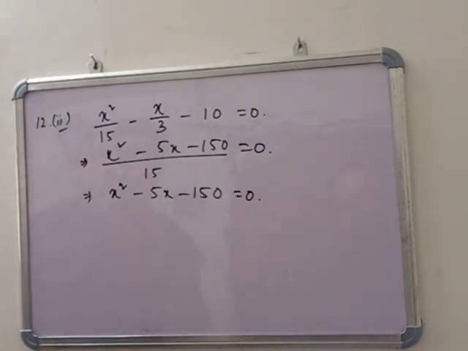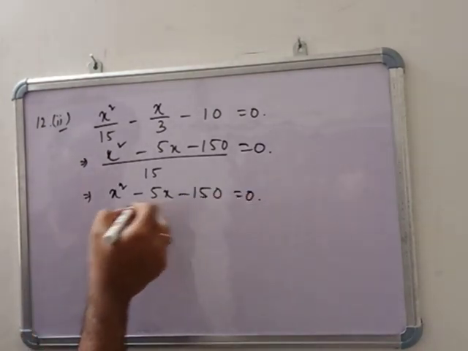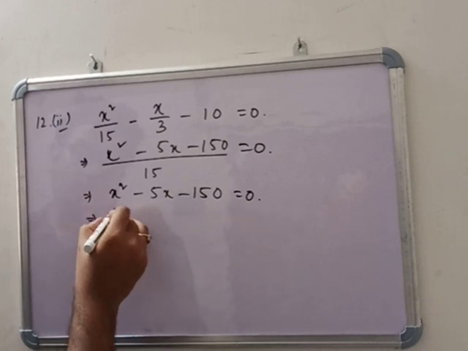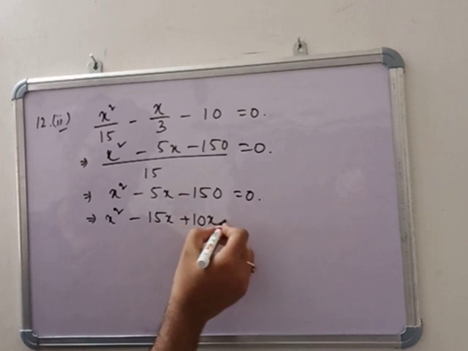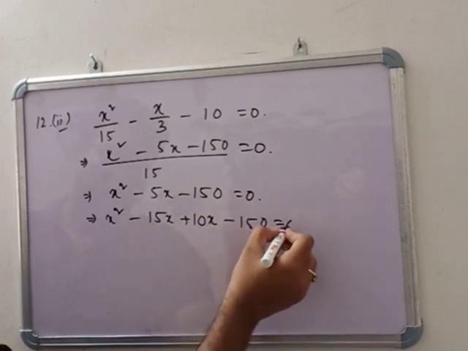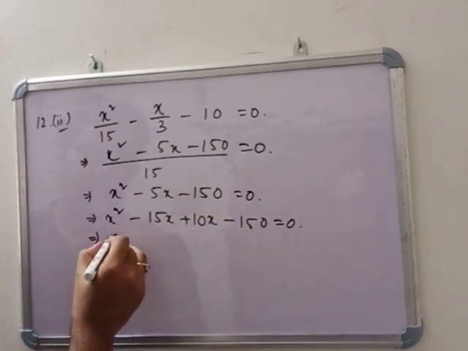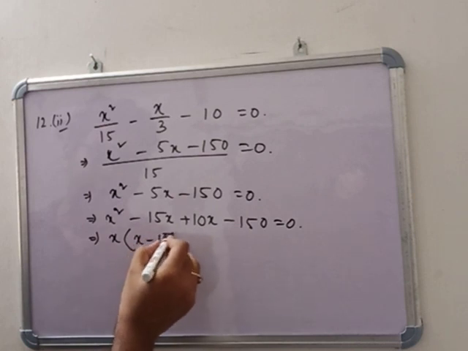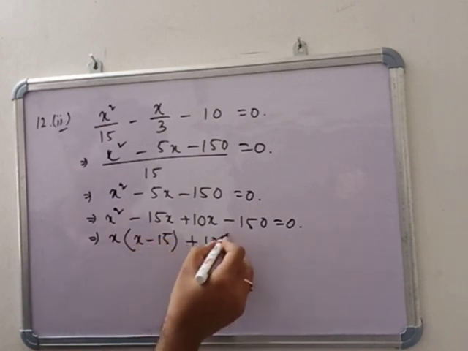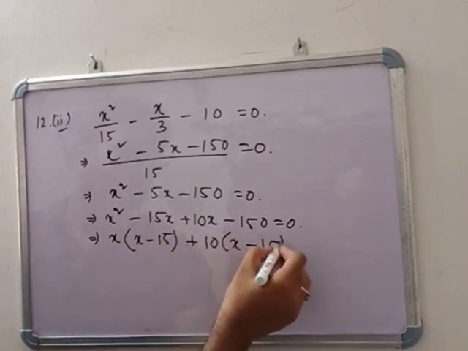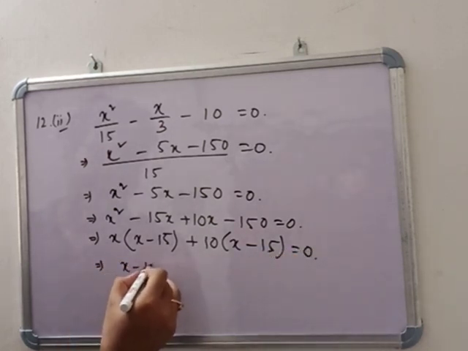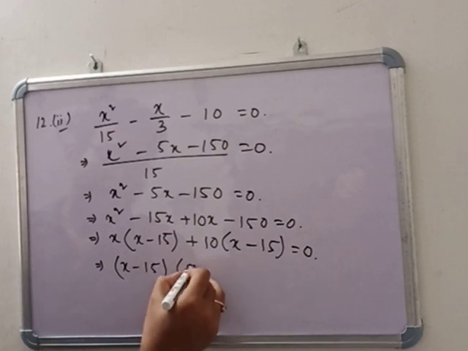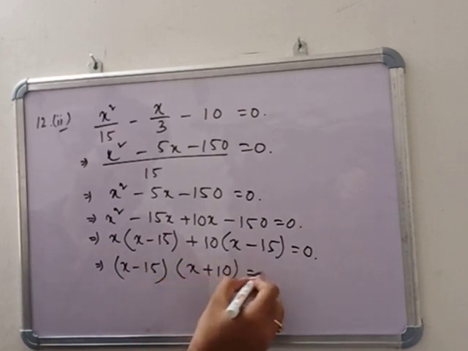Now 150 I have to divide into two parts, that we get 5. That means x square minus 15x plus 10x minus 150 equals to 0. So x common here, x minus 15 plus 10 common here, x minus 15 equals to 0. So that means x minus 15, x plus 10 equals to 0.